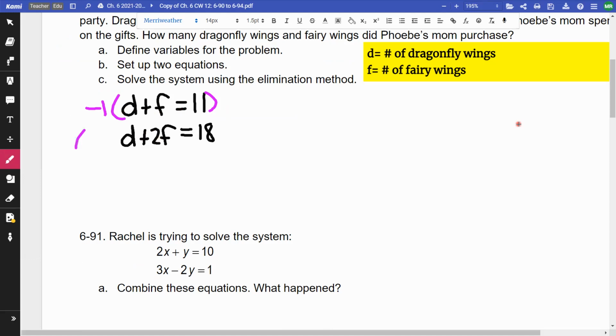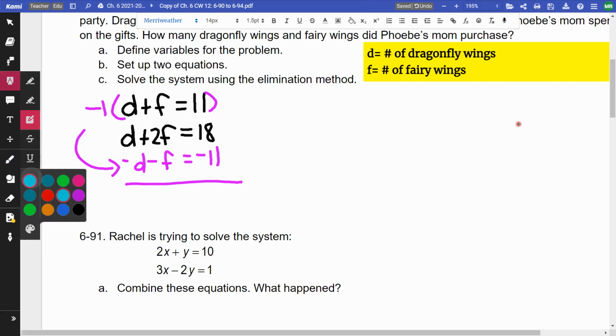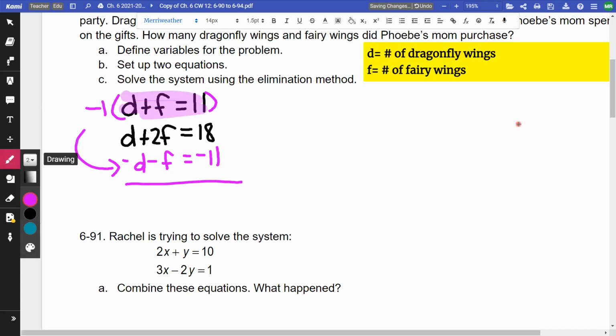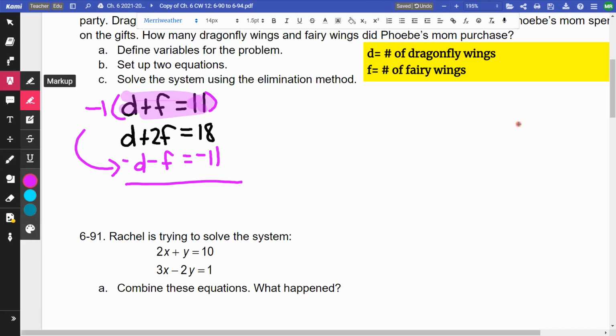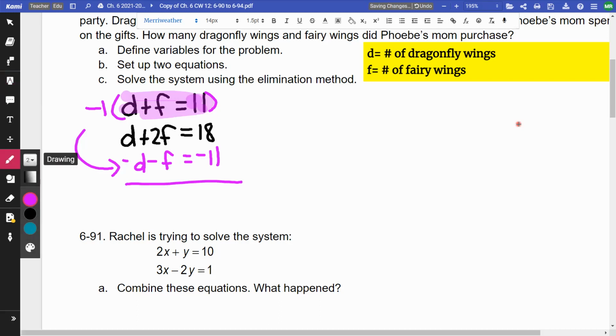And then I'm just going to write it down here. So that's going to be a -D minus F equals a -11. I just multiplied everything in the top equation by a -1, make sure you can see that there's an 11.